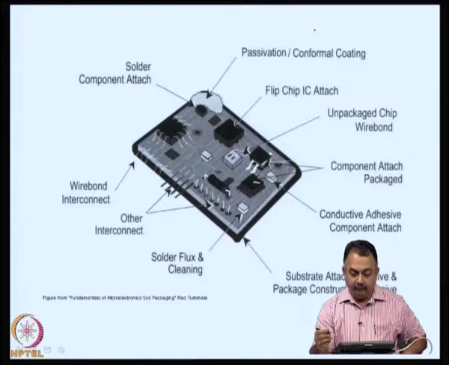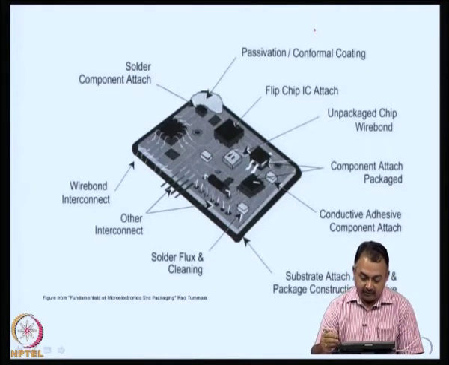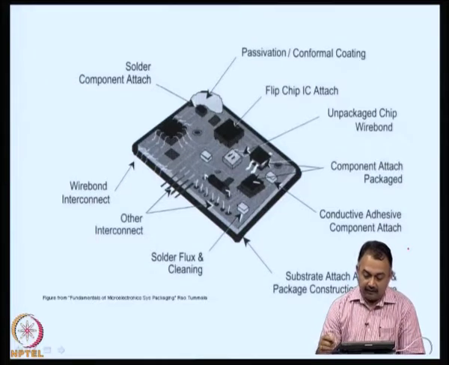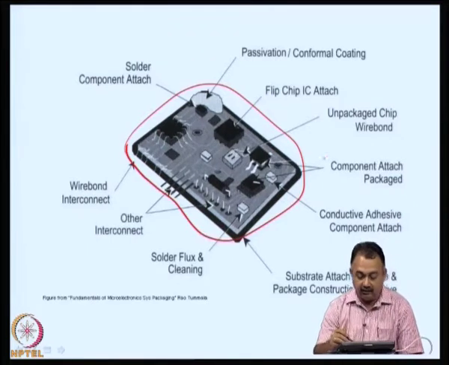Now, this figure probably is a bit too early, but I will try to explain how for such an automotive electronic system you have a system level board. This is a system level board where the individual ICs are packaged and mounted on a substrate.